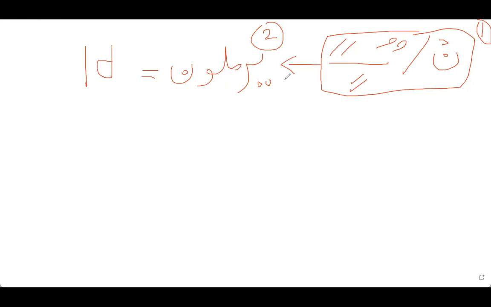So noon sakin and tanween followed by huruf yarmalun is equal to idgham. There should be noon sakin, the first condition. There should be huruf yarmalun, the second condition, and then we will apply the third thing, and this is idgham.